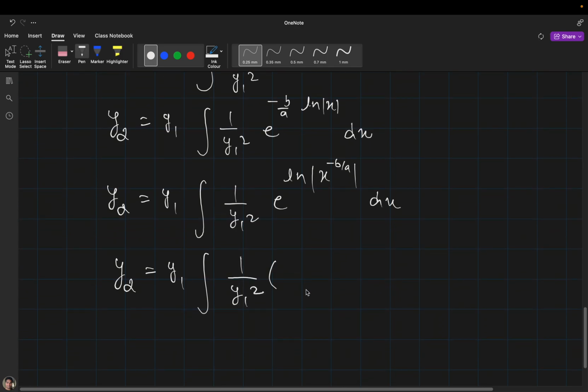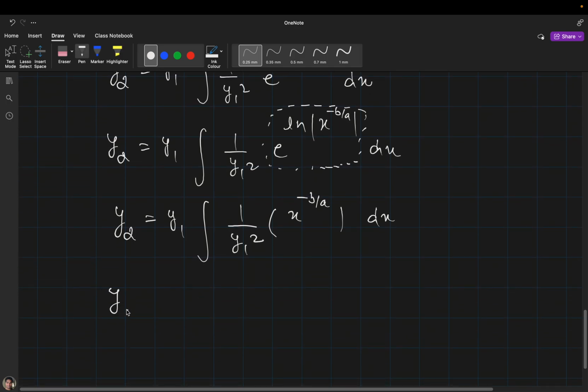Can you tell me what I can write here in the place of this? I already taught the properties of logarithms. So I can directly write x raised to the power minus b by a.